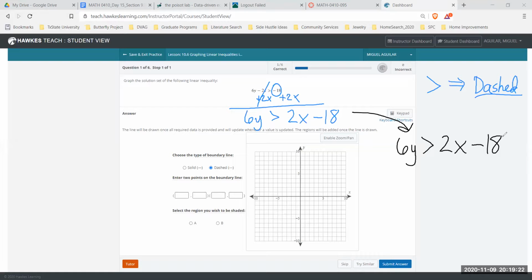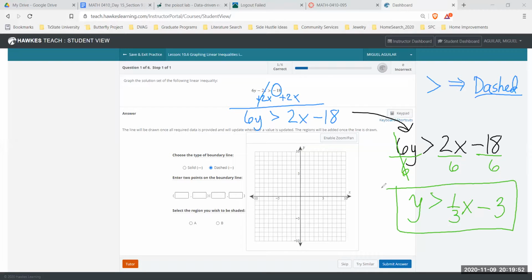To get the y by itself, I need to divide everything by 6, so that the 6 and the 6 cancel out. So we're left with y is greater than 2 over 6, which reduces to 1/3 x, and then 18 divided by 6 will be 3. So this is the equation that we're going to use to solve the rest of the problem.